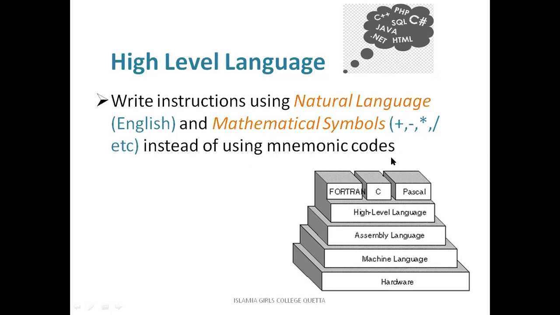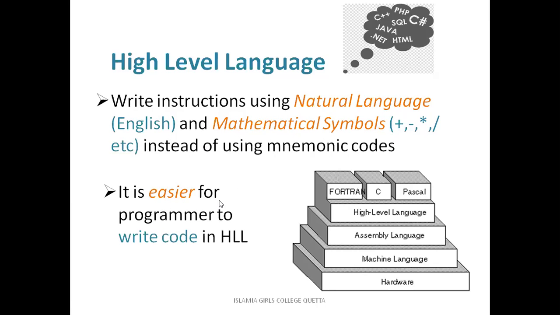If you remember, in the assembly language we were using mnemonic codes like add and sub, and in the machine language we were using machine codes. But in the high level languages, we use English words and mathematical symbols. Therefore, it is easier to write code in a high level language as compared to the low level programming languages.